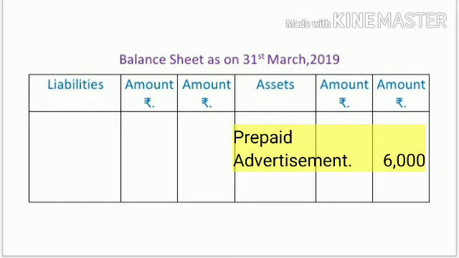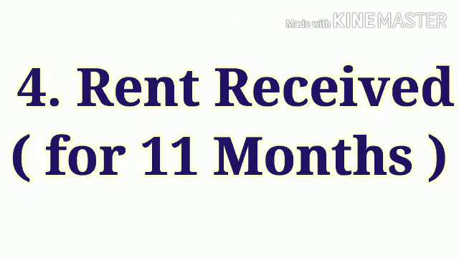Okay student, then next hidden adjustment number 4 is rent receivable (for 11 months). In this example, only 11 months rent is received. In trial balance, only 11 months rent is given.